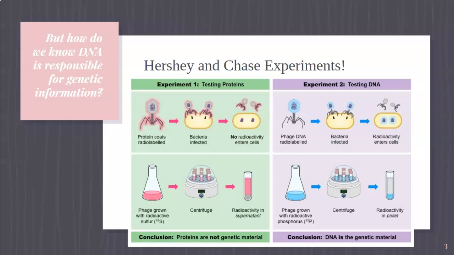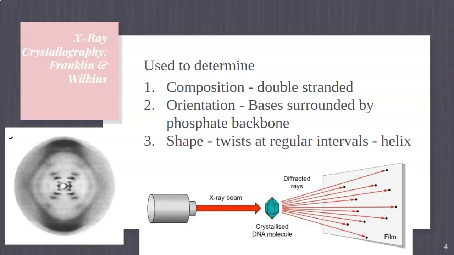That makes sense, right? You know that DNA is genetic material. We talked about these 2 previously, but Franklin and Wilkins, they were the ones responsible for X-ray crystallography. They were the ones who took this picture on the lower left-hand side. This picture was used to determine the composition, orientation, and shape of DNA.